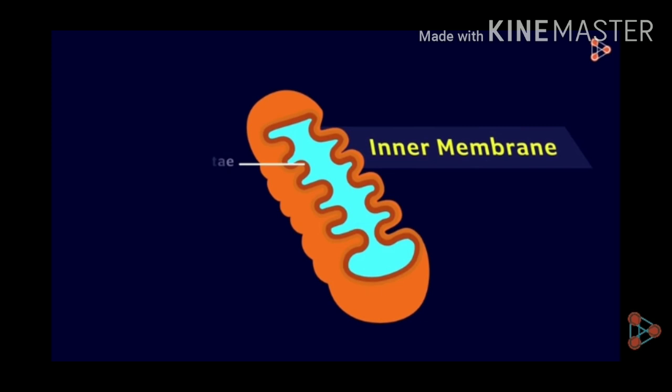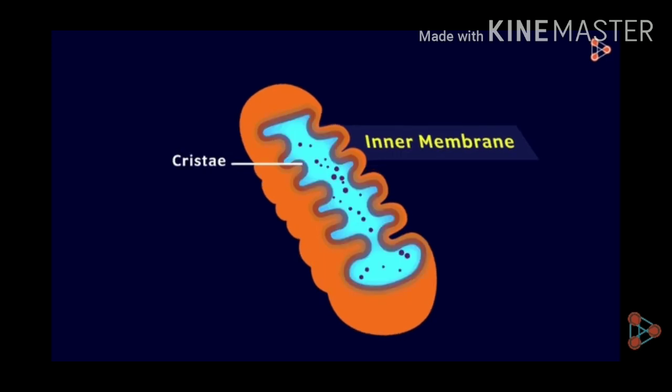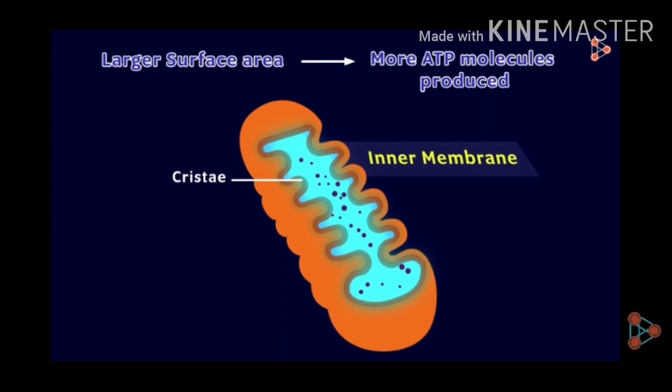These cristae increase the surface area for the production of maximum usable form of energy, which is stored in mitochondria in the form of ATP molecules.